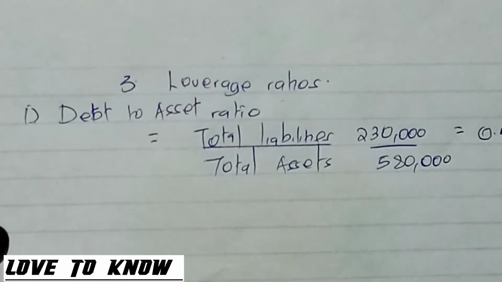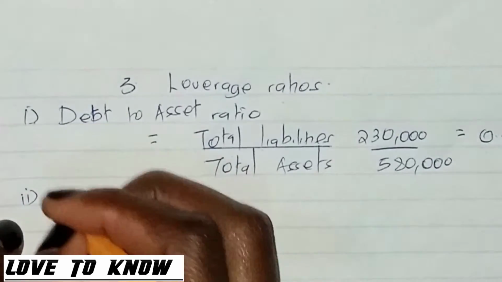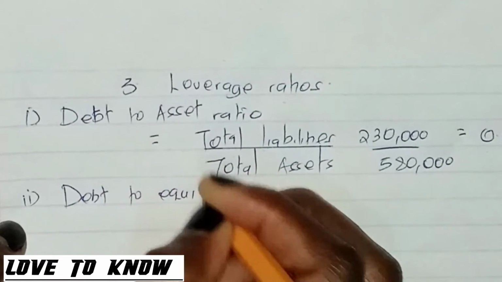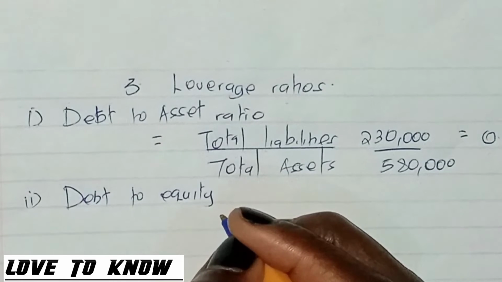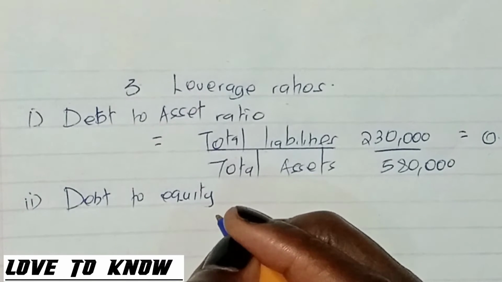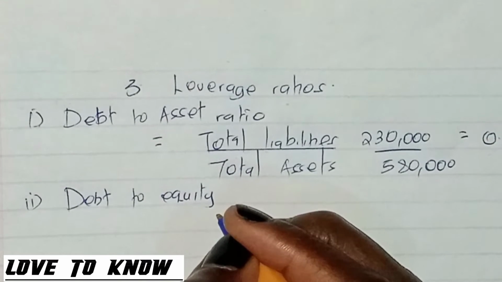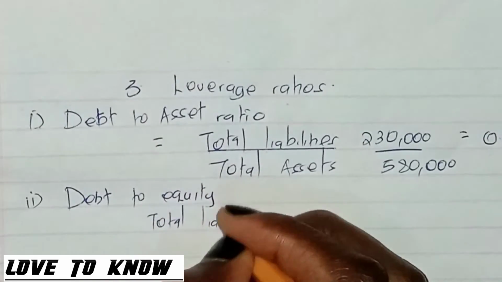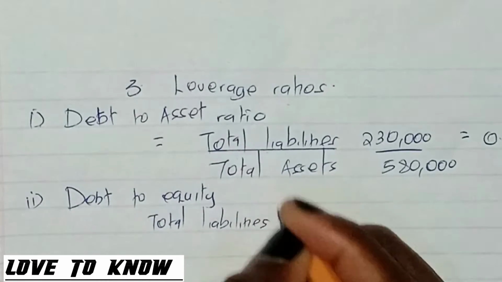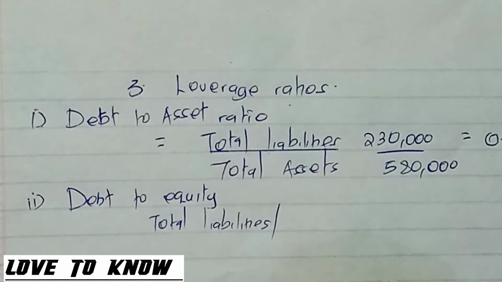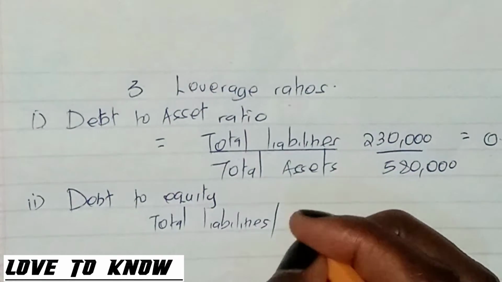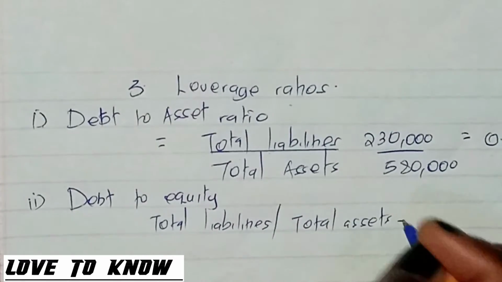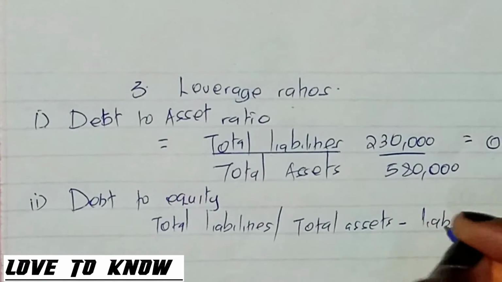The second type of leverage ratio is the debt to equity ratio. This is calculated by dividing the total liabilities by total assets less liabilities.